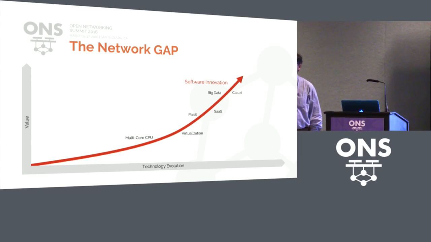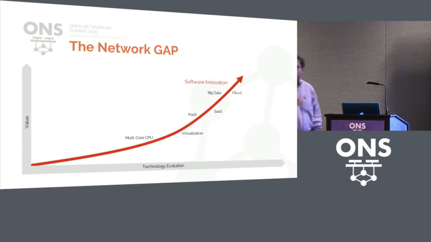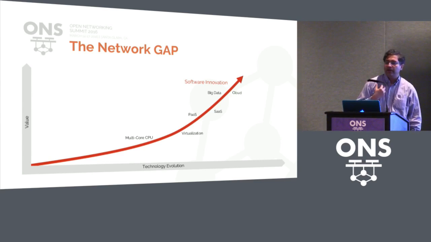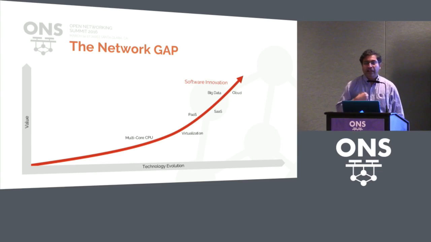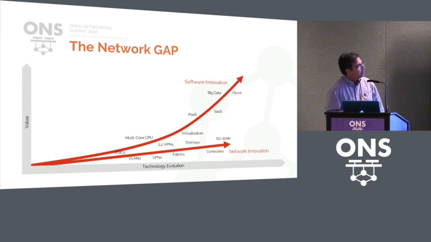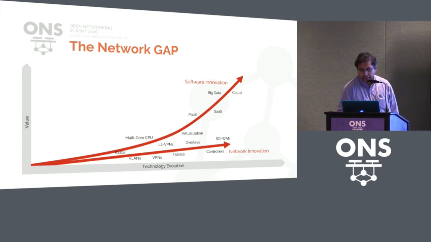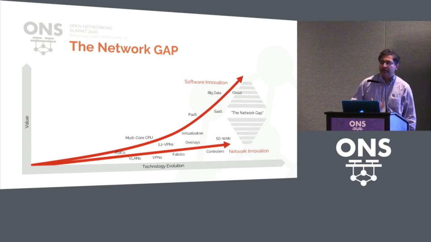The value that innovation brought for that industry is huge. If you look at big data, the number of services, the value it provides back to the business has increased exponentially. Whereas if you compare it with the network innovation cycle, because of this theory of single vendor, it was restricted to what that vendor could deliver. So this gap is what we call the network gap.